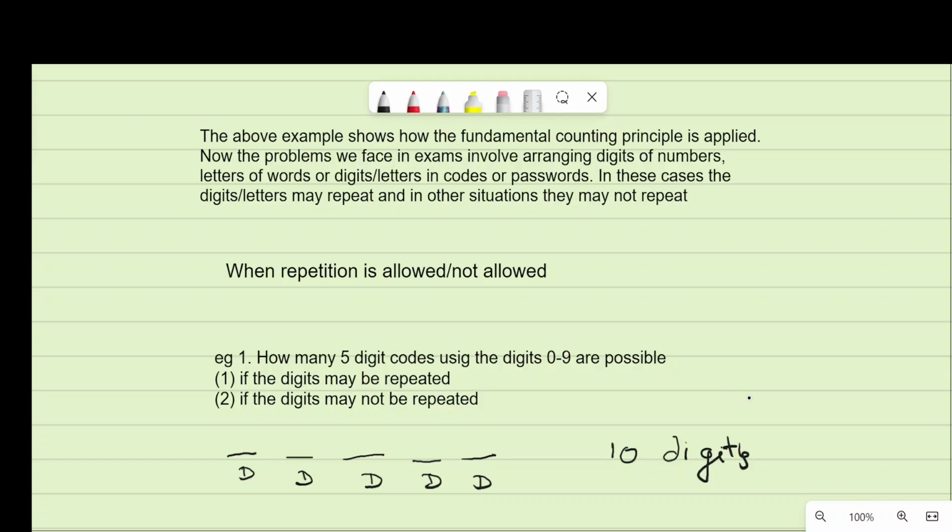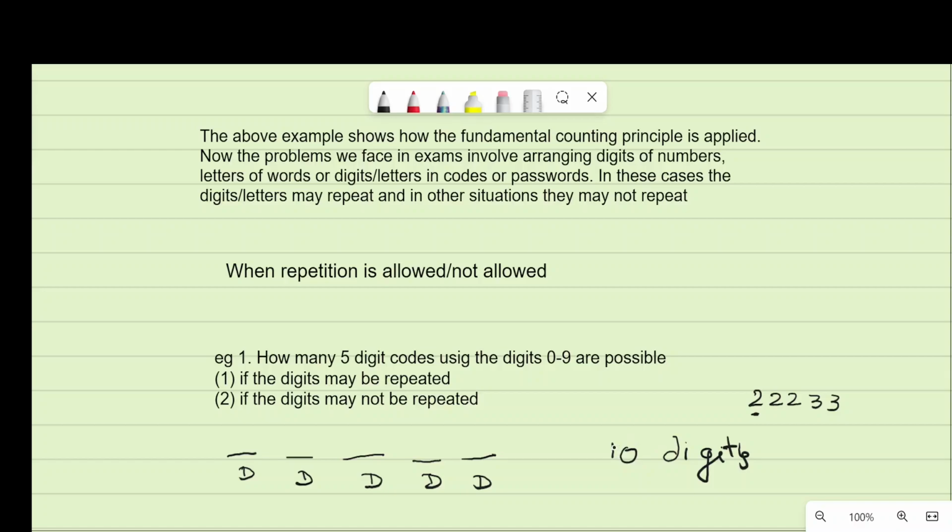That means the code that you are making can be like this: 2, 2, 2, 3, 3. It's a 5-digit code, but the digits are also repeated. That is an example of a 5-digit code where the digits are repeated.